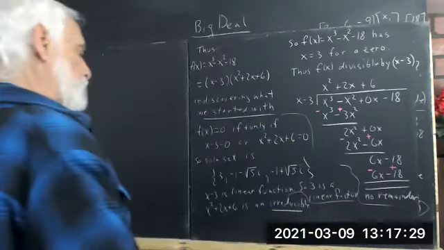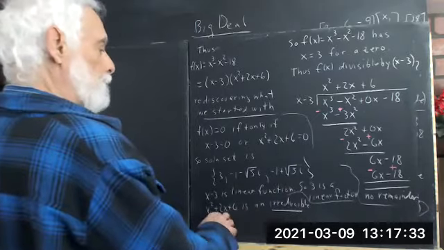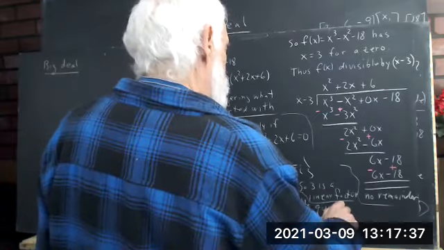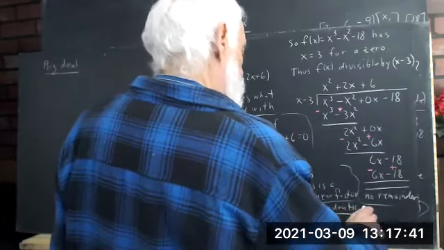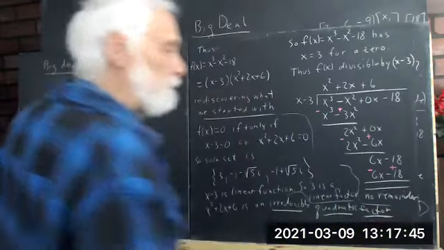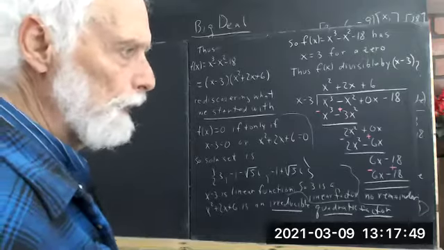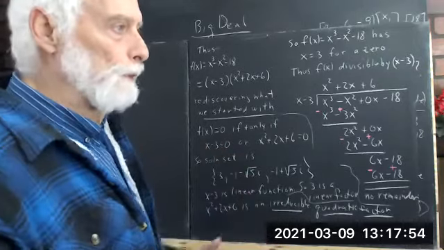Really didn't need to write that, but I did, so I'll live with it. Okay, this x squared plus 2x plus 6 is an irreducible quadratic factor. Irreducible because it doesn't have real numbers for roots.